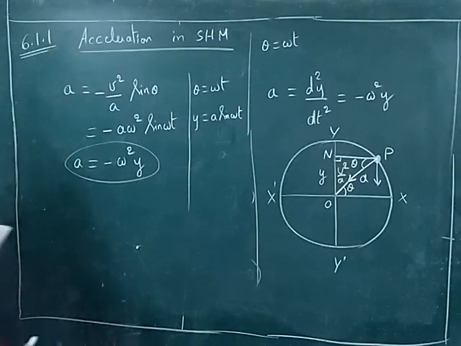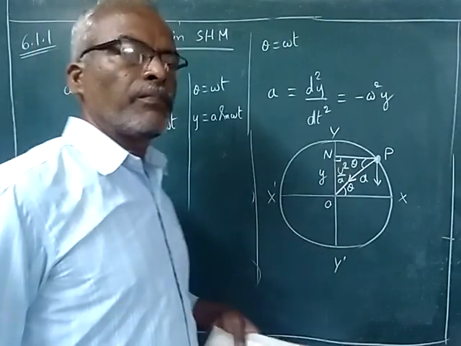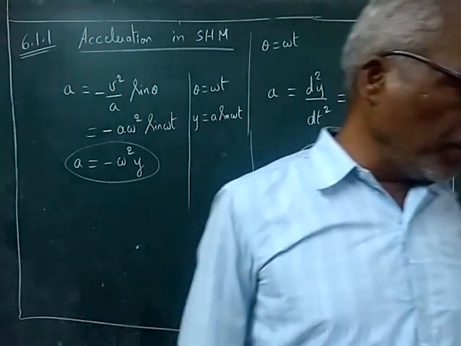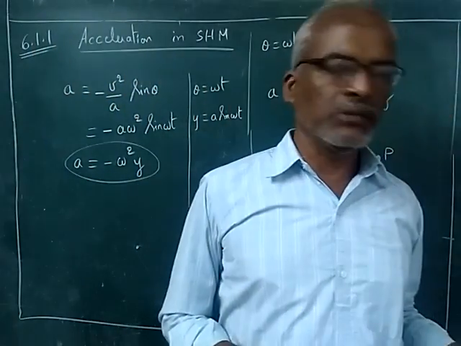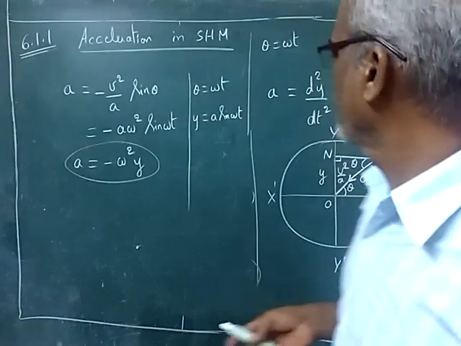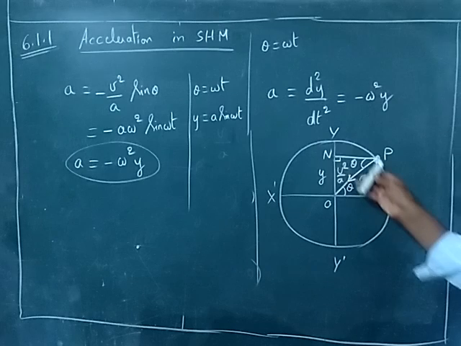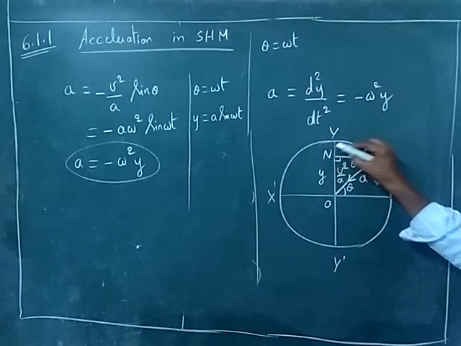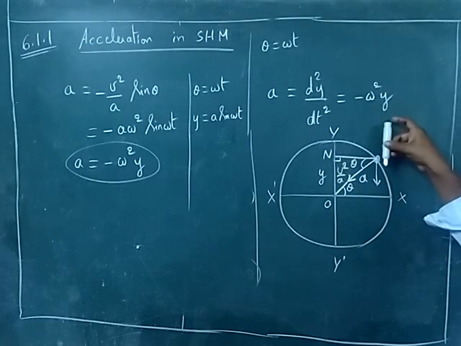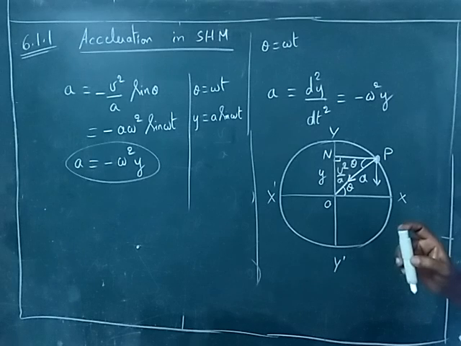So the negative sign indicates that the acceleration is always opposite to the direction of displacement. That means in this diagram, if the particle moves this way, the displacement keeps on increasing, the acceleration is downwards.